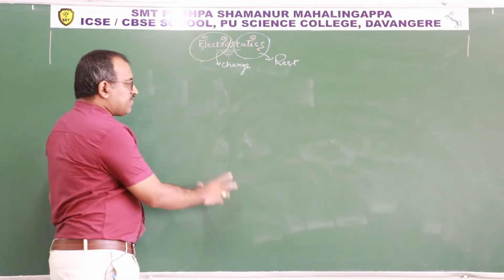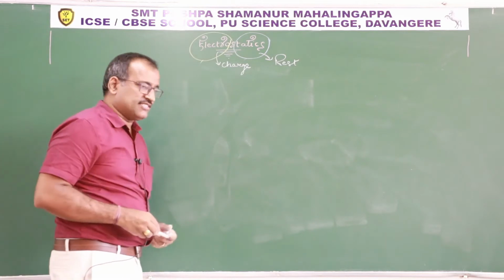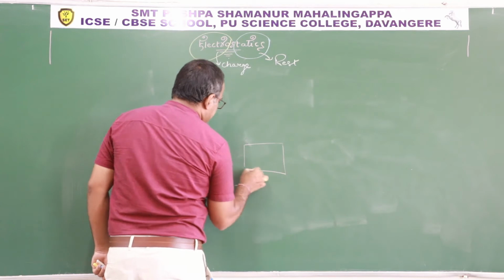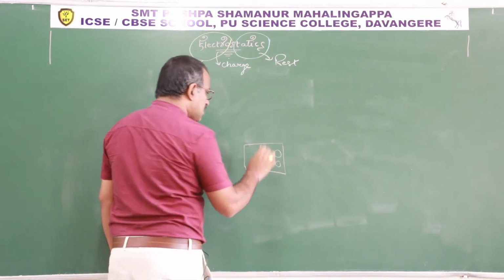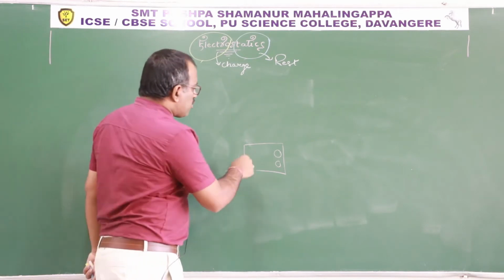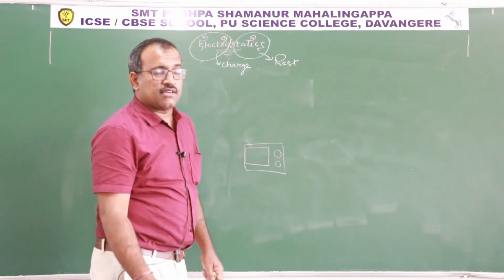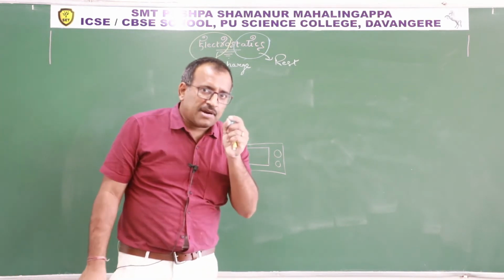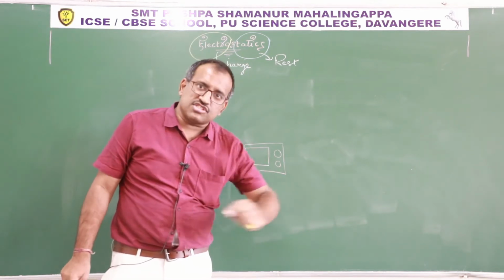So there is a wonderful explanation in the third part. If you see electromagnetic radiation, maybe you know about the microwave oven. Maybe in that microwave oven, a charged particle is accelerating with a to and fro motion.